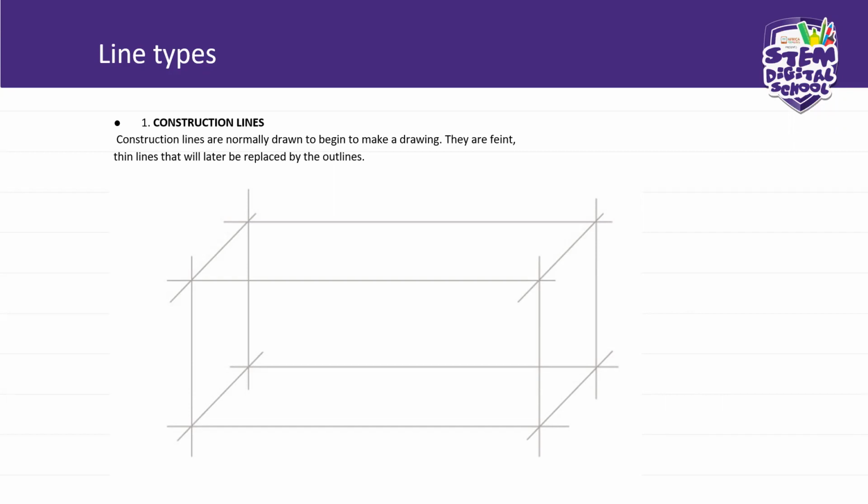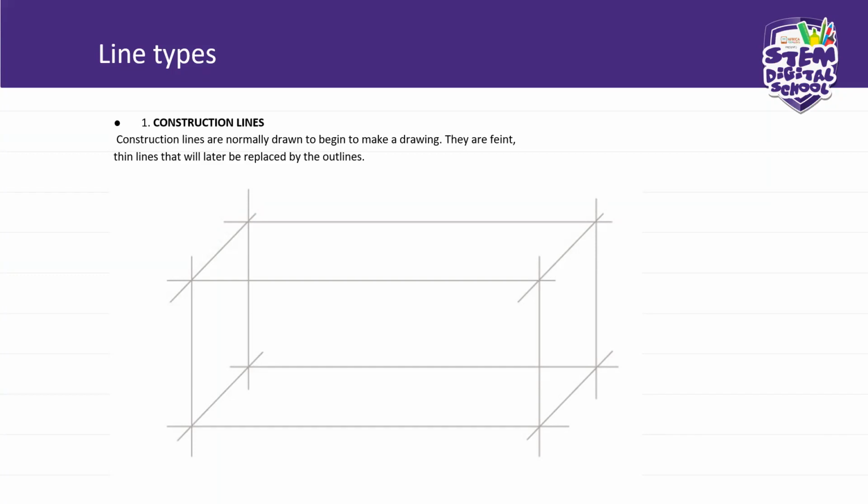Right at the beginning of your drawing, you begin with construction lines. These are the plan. The construction lines are the plan for your drawing. You plan how you are going to draw your object, and you start by using faint lines.